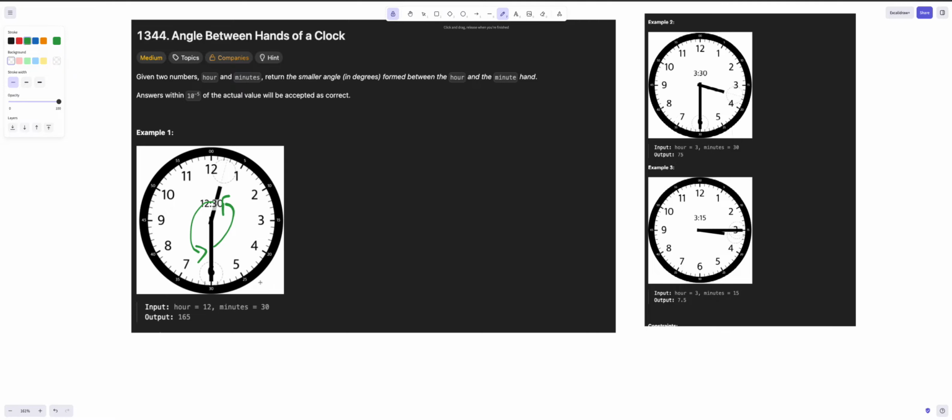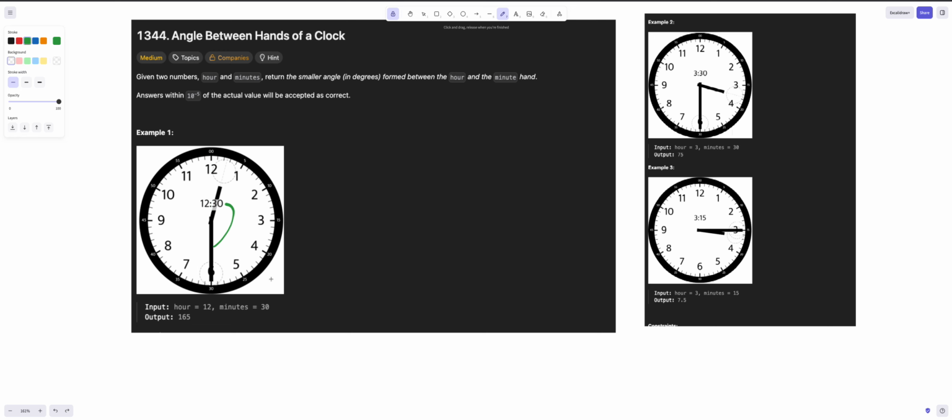It looks like the answer is 165. If we halve 360, dividing by 2, it will be 180. So definitely we take this portion, because if we take the left part, it will be more than 180 degrees for sure.